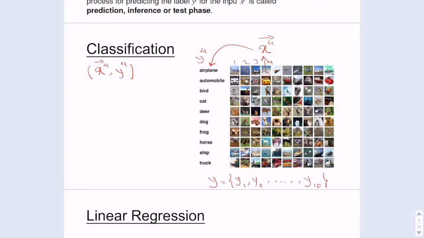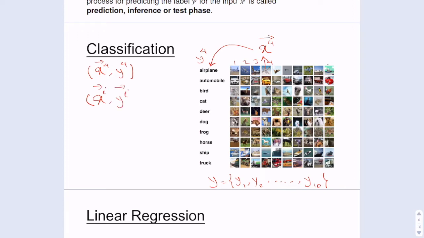And for this example, how many samples do I have? I have 1, 2, 3, 4, 5, 6, 7, 8, 9, 10. I have 100 samples. So if I want to write the number of samples, I have xi features and then yi.